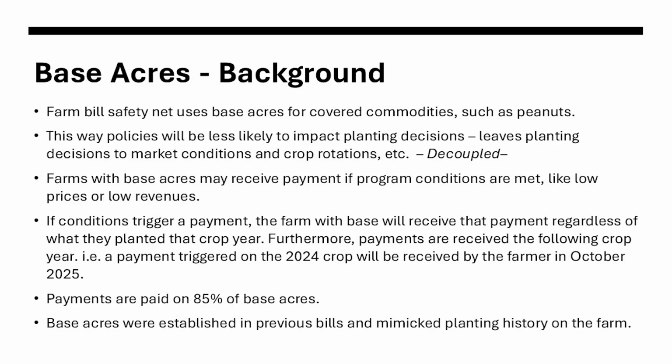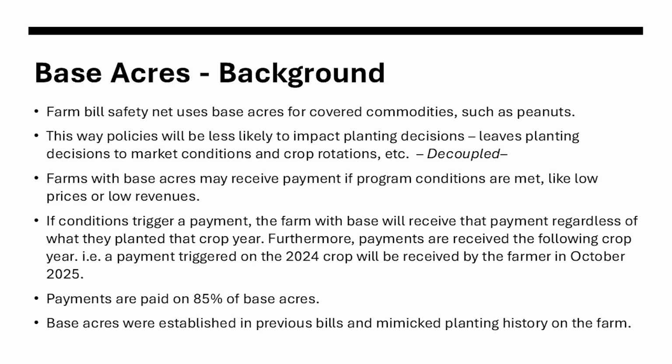And the interesting thing about base acres is that they are what we call decoupled from planting decisions. So a farm that has base acres, if a payment is triggered for low prices or a loss in revenue, regardless of what is planted, a payment can occur on a portion of the base acres, which is 85% of those base acres.